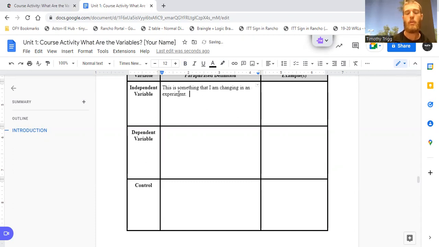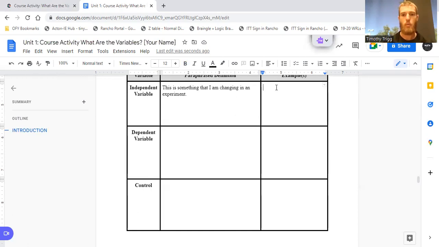Okay. So what would be an example of something that you change? Let's say you have an experiment, and in this example, we're going to plant some pea plants into some soil. All right. And the thing we're going to change is the amount of sunlight that the pea plants get.